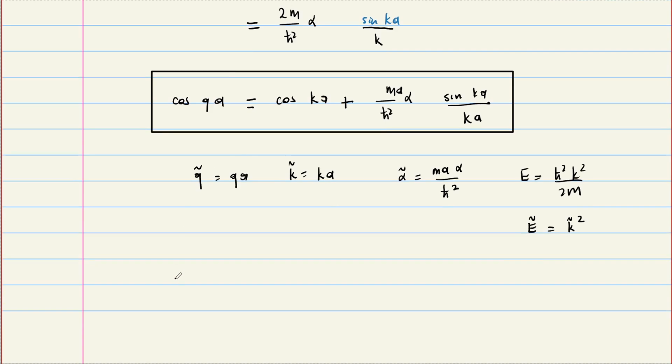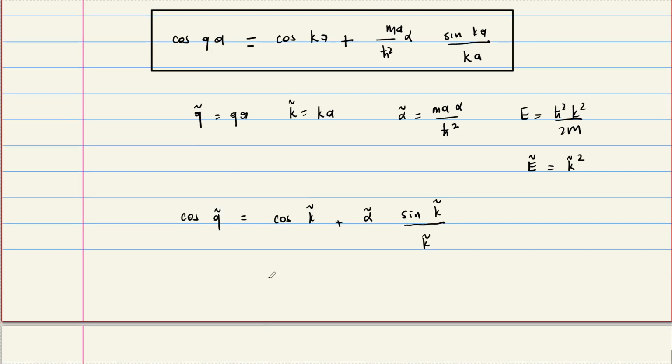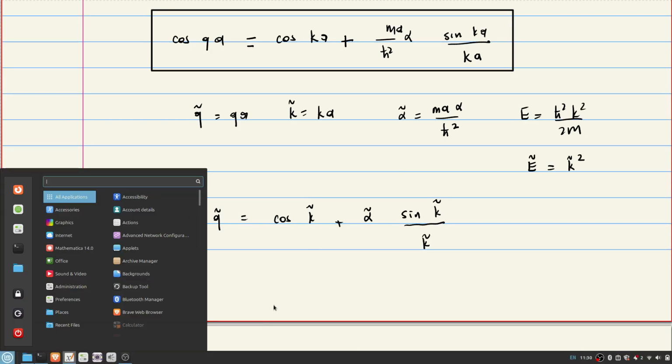Then the equation we need to solve is cosine Q tilde equals cosine K tilde plus alpha tilde sine K tilde divided by K tilde. And of course, we cannot solve equations like this analytically, we need to solve it graphically.